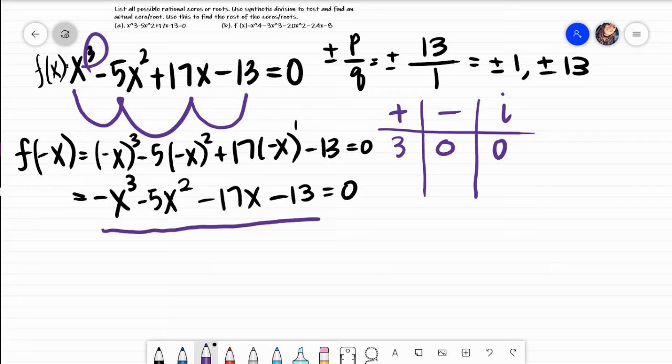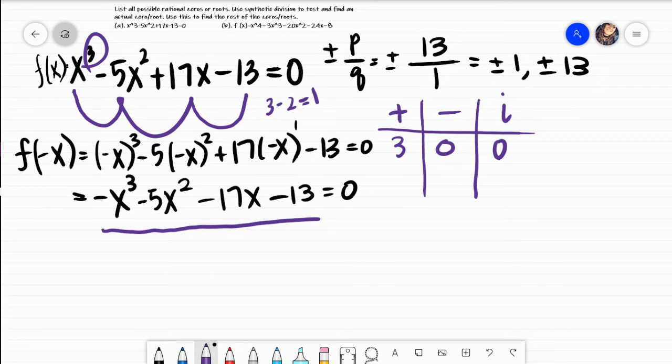The actual Descartes rule of signs says that we're either going to have the same number of sign changes or we're going to take away a positive integer from that value. Because I came up with 3 sign changes, we're either going to have 3 positive real zeros or, if we take 2 away from it, we're going to have 1, correct?